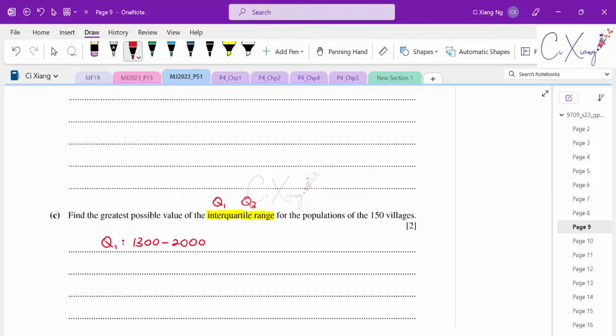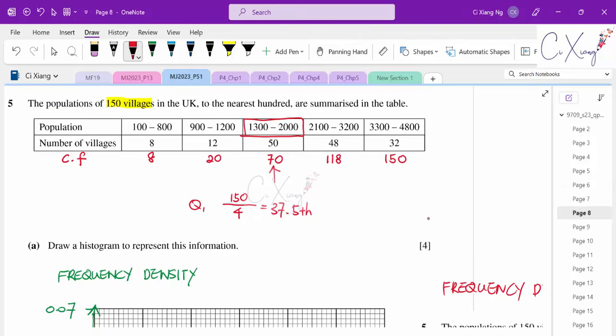Okay, then after that, we go back to our Q3. For Q3, I need to take 3 over 4 multiplied by 150, and I will get 112.5. So again, I ask myself, where is my 112.5 data? You can see that this class accumulates until the frequency 118.